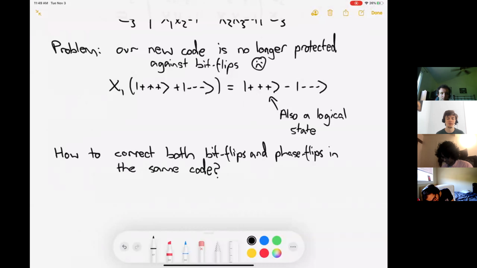Otherwise, you're just moving around the errors that will cause you problems. Anyone have an idea how to do this? It's non-trivial, but it also turns out to be sort of the stupidest thing you could think of.